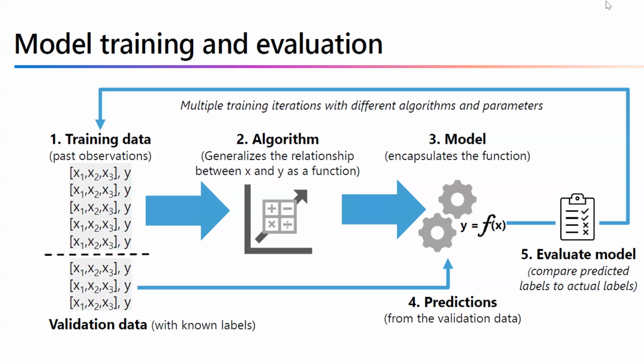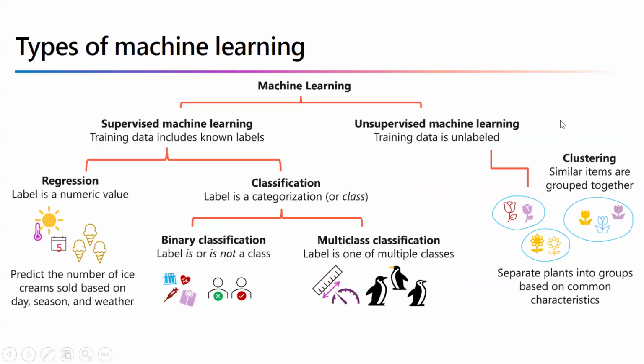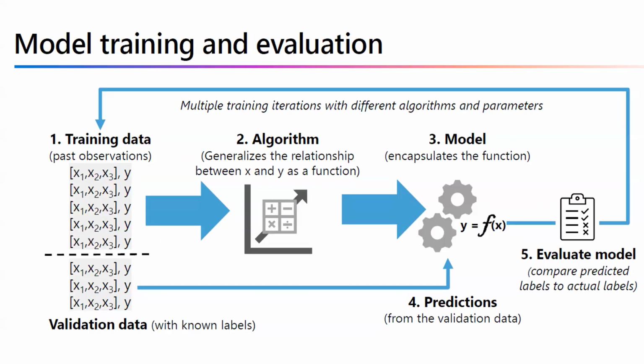Okay, so what we have covered, I think these things will be clear once I show you some real data and train some model. So this is model training and evaluation. Whatever data we get, we basically create two parts of it.